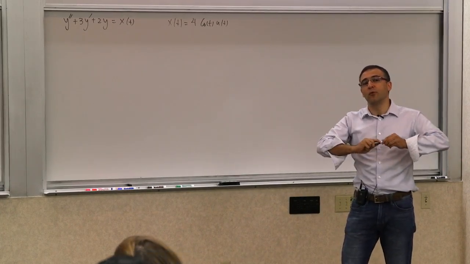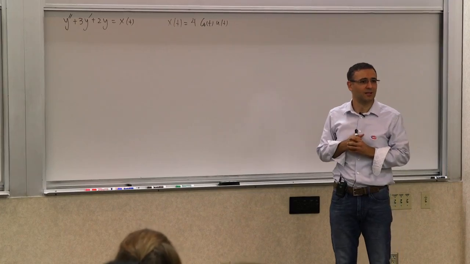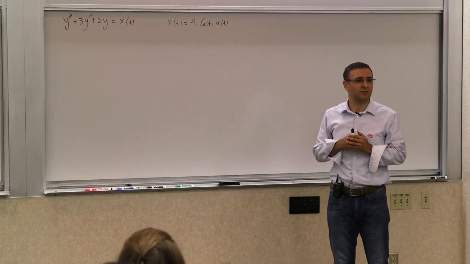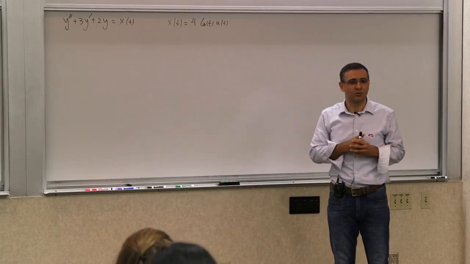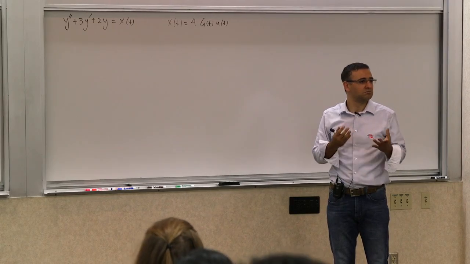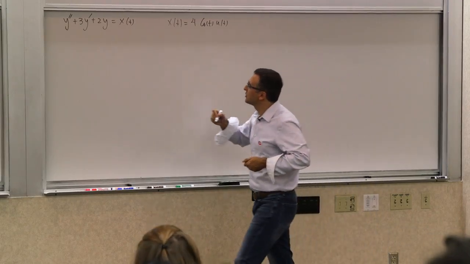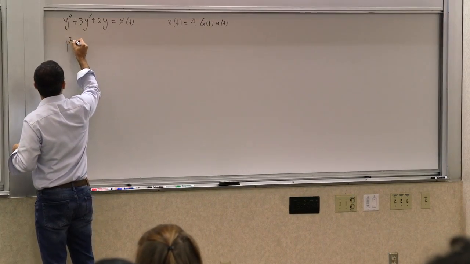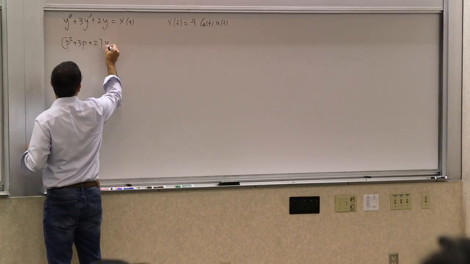If you wanted to do it before we knew any of this, how would you go about solving this problem? There are several different ways to solve this differential equation, right? If we use our operator method without this new knowledge, what would you do? Express with operators. Right. You could write this as p squared plus 3p plus 2 operating on y.